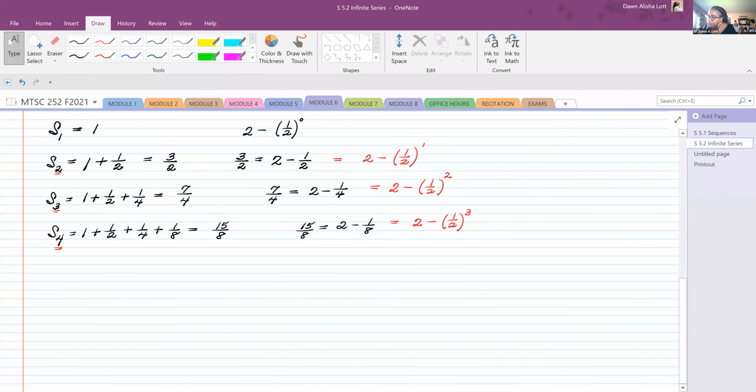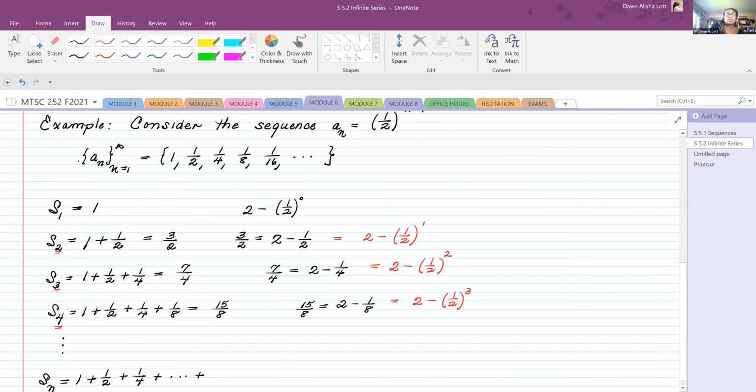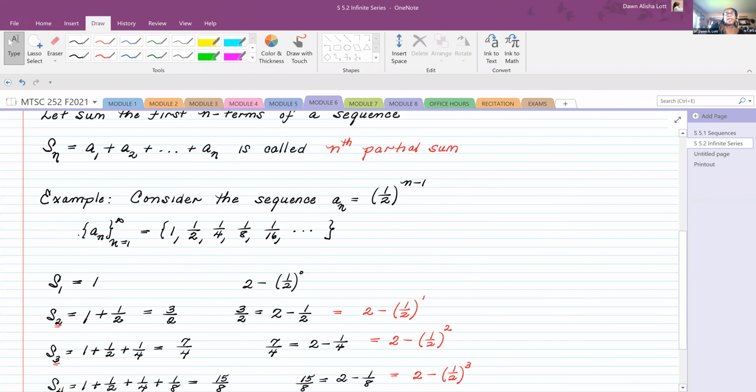Okay, so now if I keep going, I get Sn. Sn is going to be 1 plus 1/2 plus 1/4 plus, I'm going to go all the way up to the nth term. The nth term has a pattern, it's a form. It is 1/2 to the n minus 1.